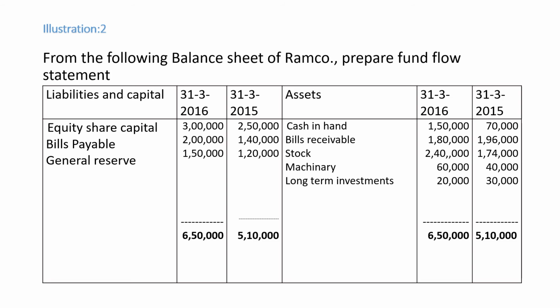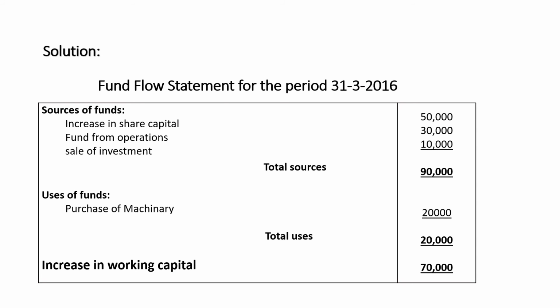Consider the fixed assets and long-term liabilities while preparing the fund flow statement, because other items, that is current assets and short-term liabilities, are taken into consideration while preparing the schedule of changes in working capital. Solution. Fund flow statement for the year 31st March 2016.